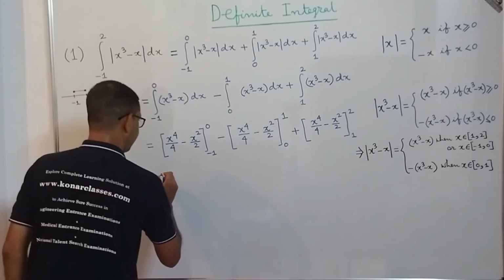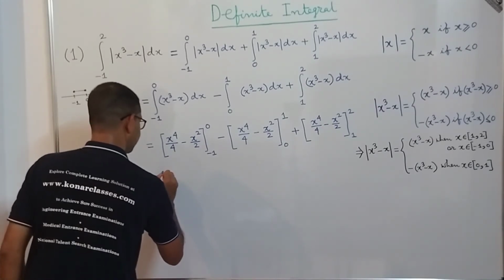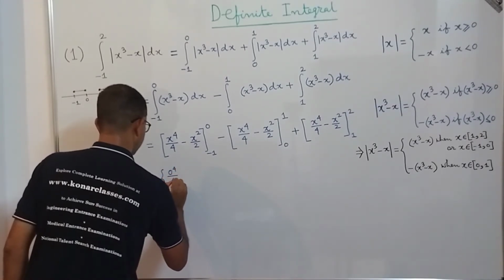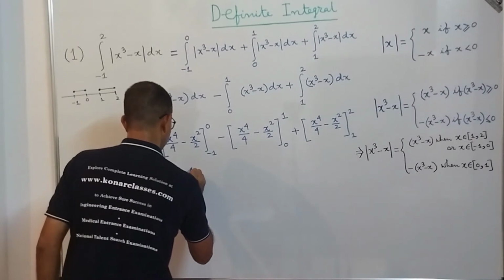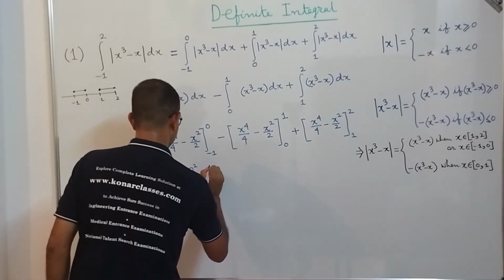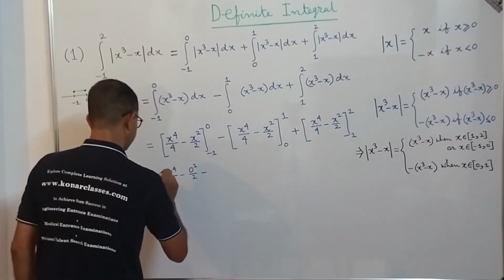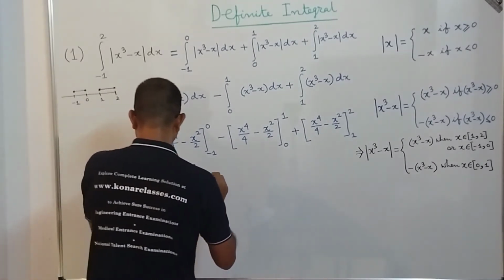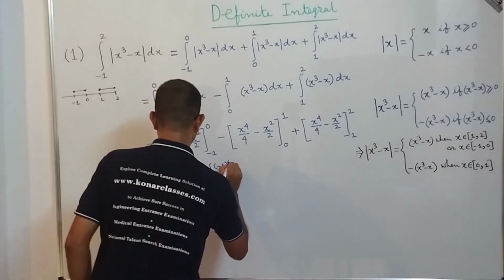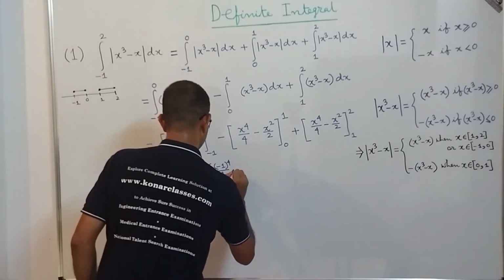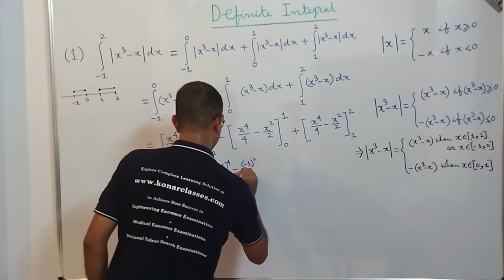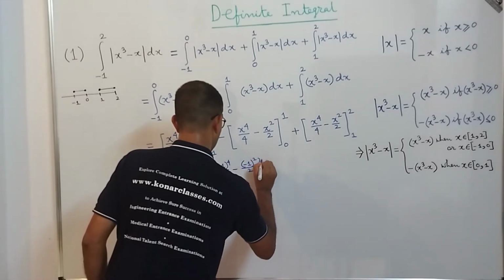If I write in an elaborate manner, it will be something like this: 0 to the power 4 by 4 minus 0 to the power 2 by 2, minus, I can give it the square bracket, 1 to the power 4 divided by 4 minus 1 to the power 2 divided by 2.